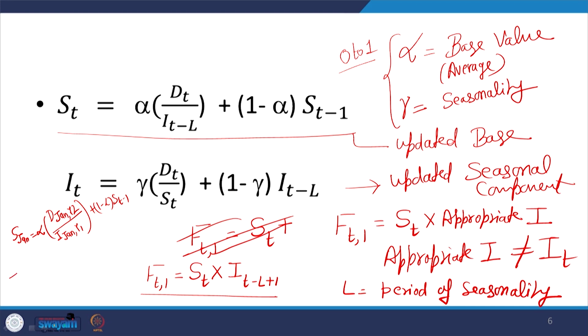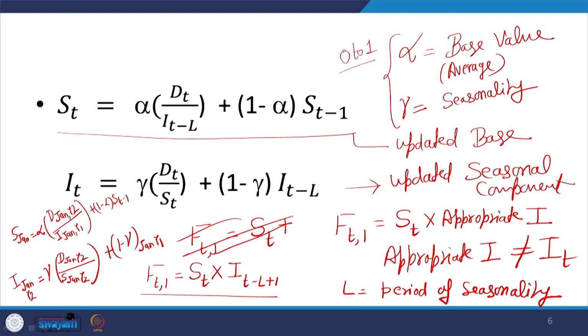I_t, that is January Y2, equals gamma times d_t, the current demand d January Y2, divided by S January Y2, plus (1 minus gamma) I_{t-L}, because we are updating the base of the previous year for the same period, that is January Y1.